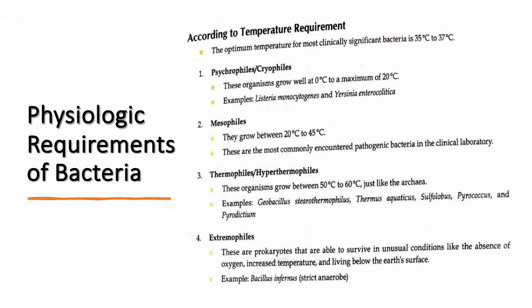Those that thrive at temperatures between 10 to 20 degrees Celsius are called psychrophiles or cryophiles. Examples of psychrophiles or cryophiles are your Listeria monocytogenes and Yersinia enterocolitica.